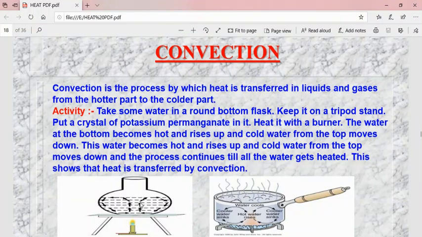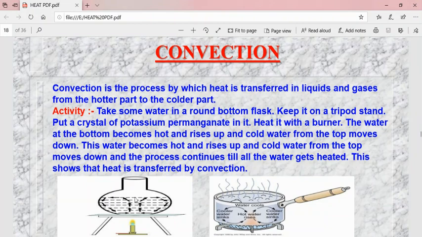Afterwards, those water molecules become less dense, so they will rise up, right? That rising you can see with the help of this potassium permanganate. Potassium permanganate are colored crystals, violet or pink in color. The permanganate molecules will start rising up, taking the water molecules with them.